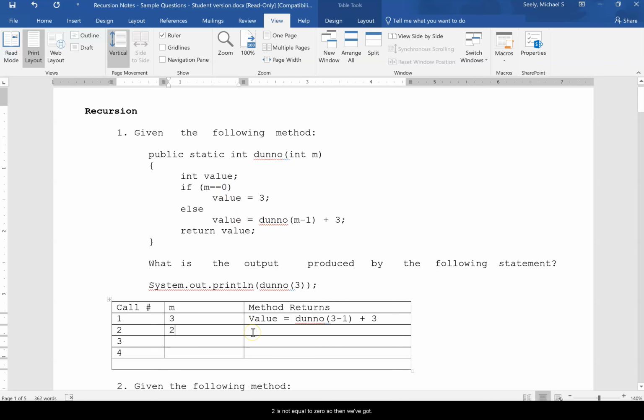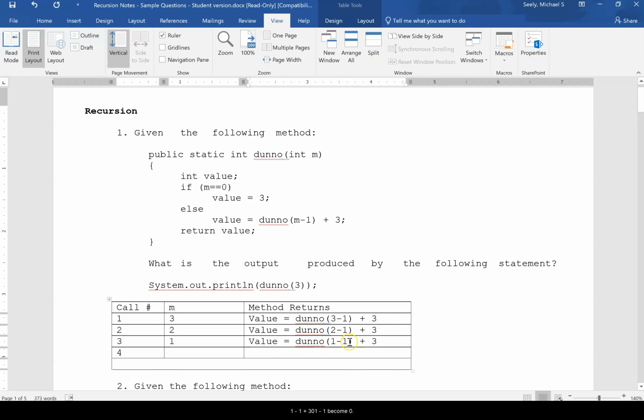So then we've got value equals doKnow of 2 minus 1 plus 3. And so then we've got 1. Then we've got value equals doKnow of 1 minus 1 plus 3.